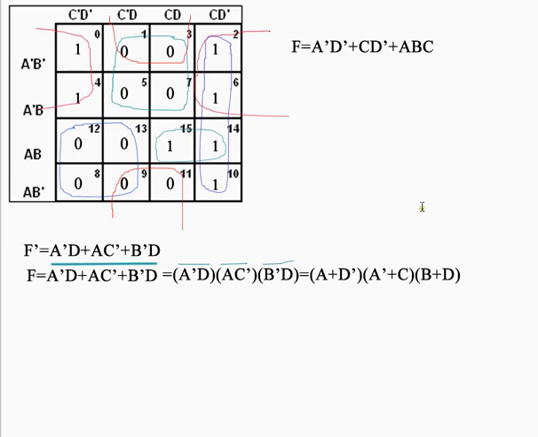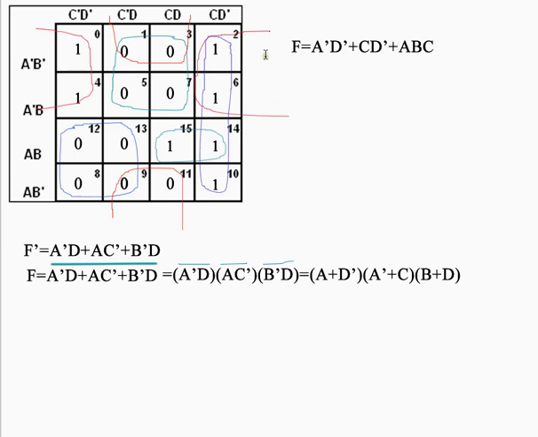Okay, now this implementation right here, the sums of products form for this function, will give you an implementation in terms of AND, OR, and NOT gates.